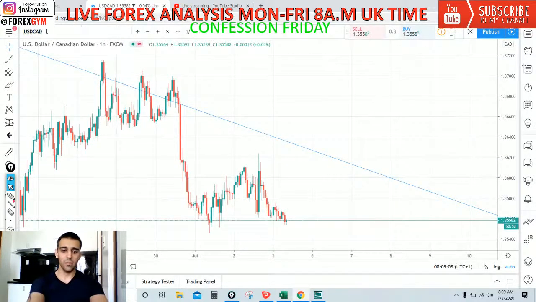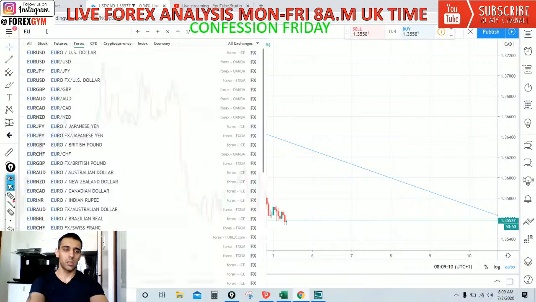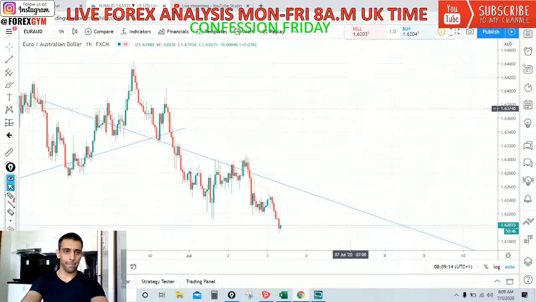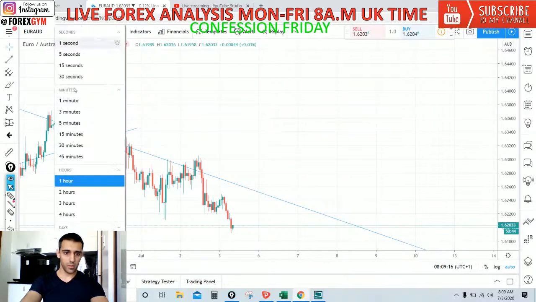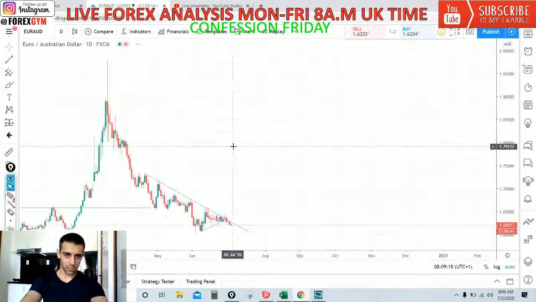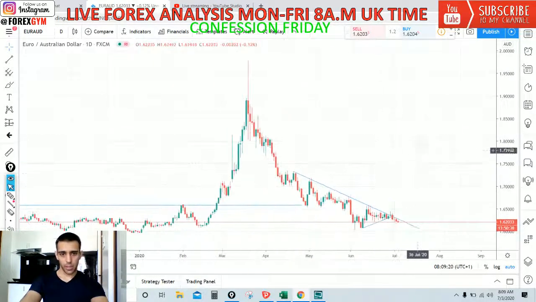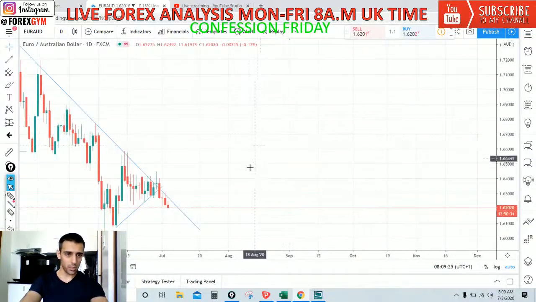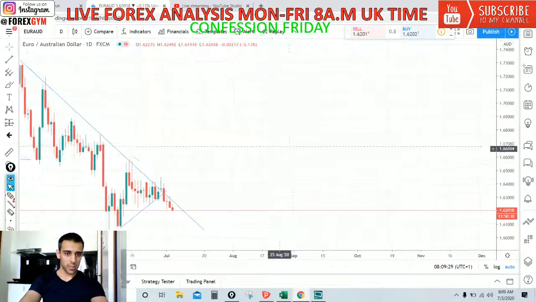Now let's have a look at the Euro Aussie just for fun. Oh, this one doesn't look that bad actually. Euro against Australian dollar, that one is looking a bit better. However, this one is sitting at the daily support level.